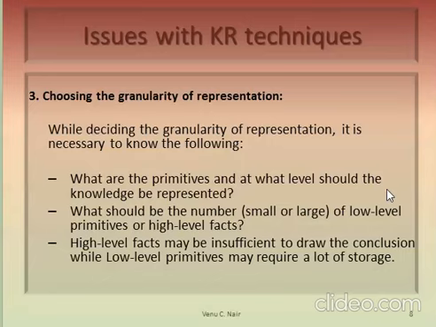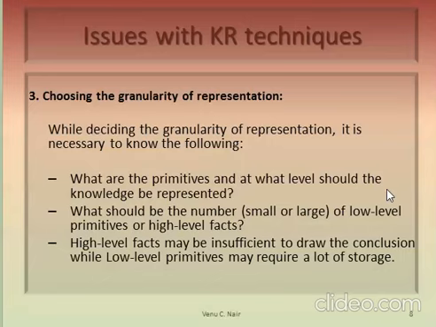If you are going for the high level facts, it may be insufficient to draw the conclusion. If the facts are at high level, then it is not good for drawing conclusion. Then the other option is keeping the facts at low level with low level primitives.